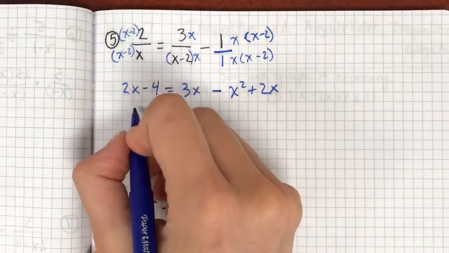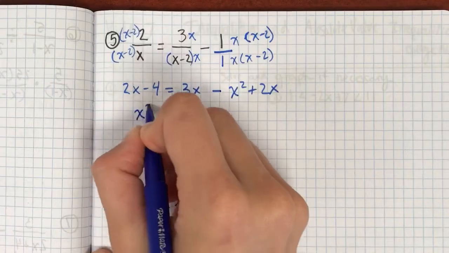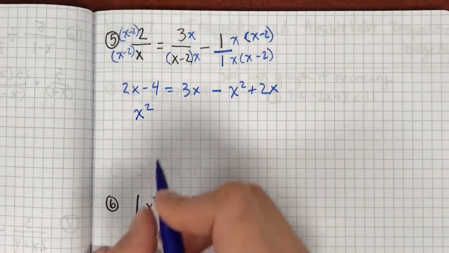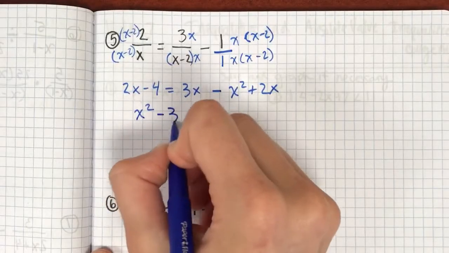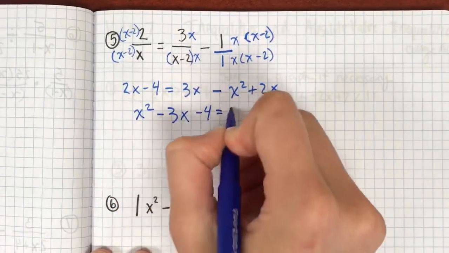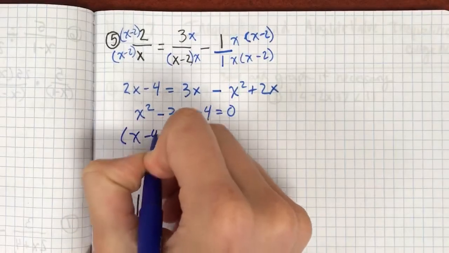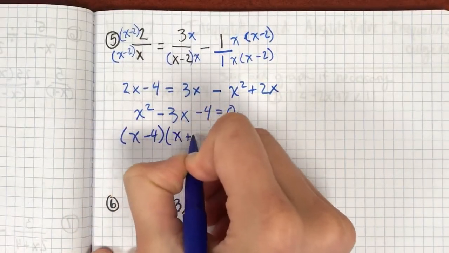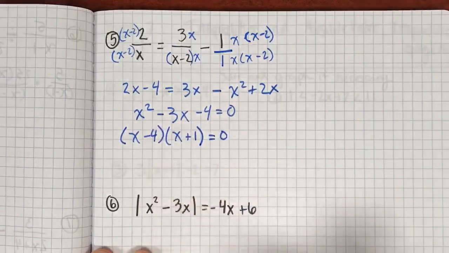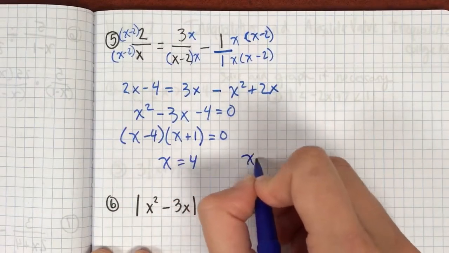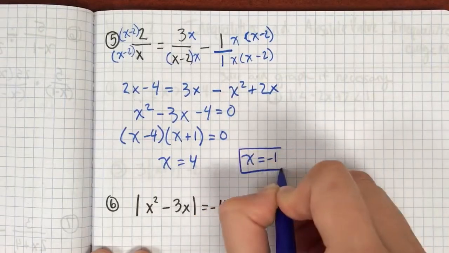If we get everything on one side, and I would suggest moving over your x squared so that's no longer negative, we've got x squared minus 3x minus 4, and look at that, we can factor again. x minus 4 and x plus 1 equal to 0, so we've got x equals 4 and x equals negative 1.